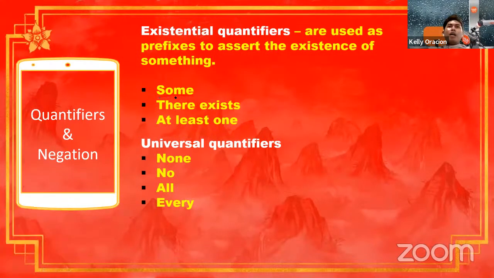These are the words that tell us it is an existential quantifier. Meanwhile, universal quantifiers are the following: none, no, all, and every.